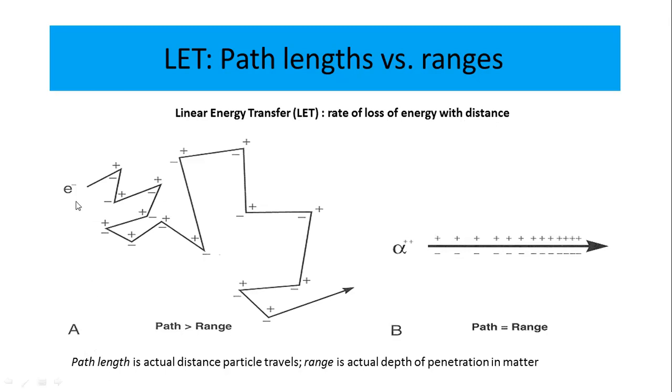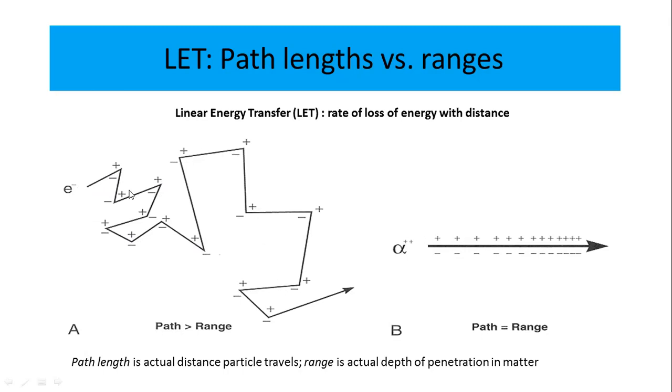In the case of the electron or the positron, or you can say the beta, the positron, and the other particles, there are also the alpha particles. If an electron travels through the material or through the matter, it is going to be deflected by the negative electrons present in the outer shell.